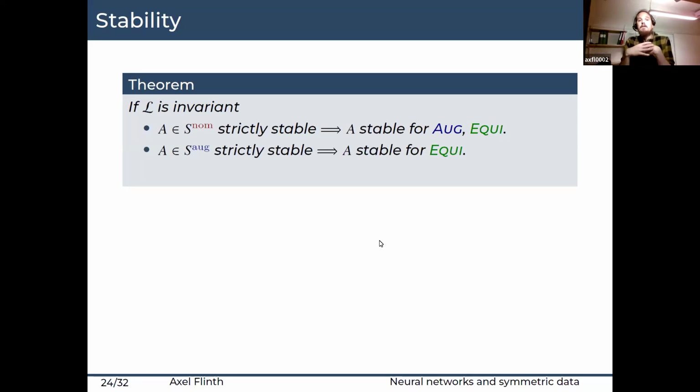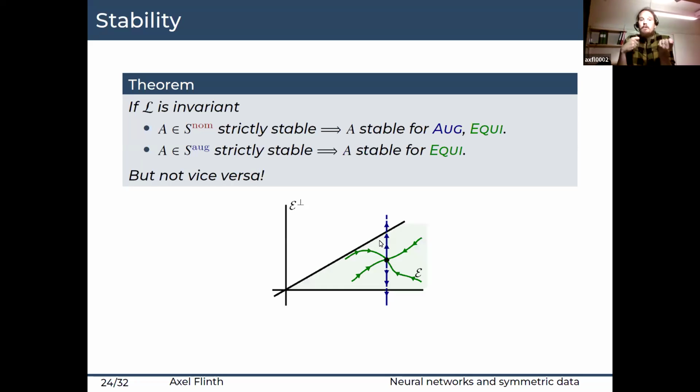And if I have something which is a strictly stable point under my augmented dynamics, then it will also be stable for the equivariant dynamics. But the converse is not true. There may be points on E which are stationary for both my equivariant and augmented flows, and stable for the equivariant one, but not for the augmented dynamics. There may be directions where the augmented dynamics can escape, where the equivariant one is not allowed to look.